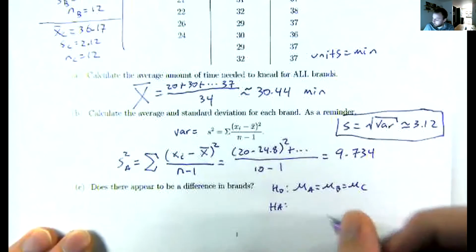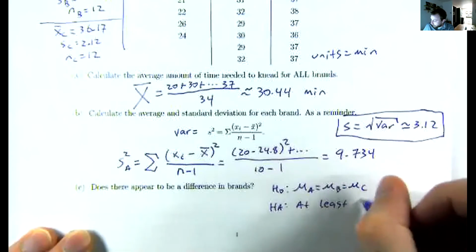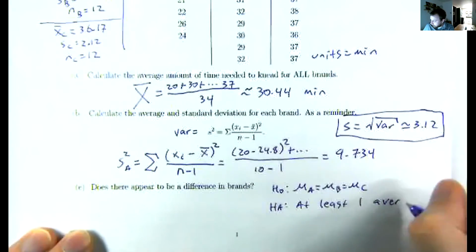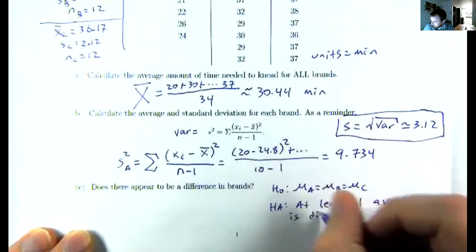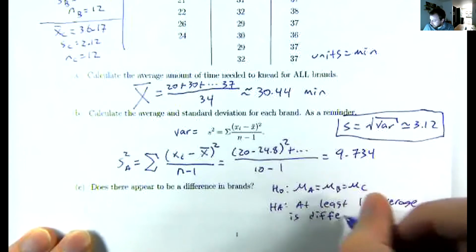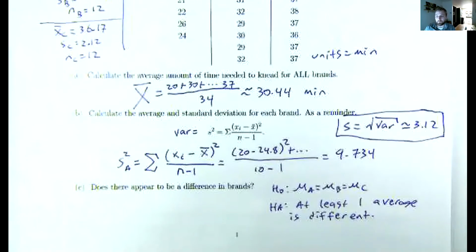In an alternative hypothesis, at least one average is different. And again, I'm seeing that this kind of has that chi-squared flair to it, where in chi-squared, my null hypothesis was sometimes that p was equal to different proportions, and the alternative hypothesis was at least one of those proportions was different.